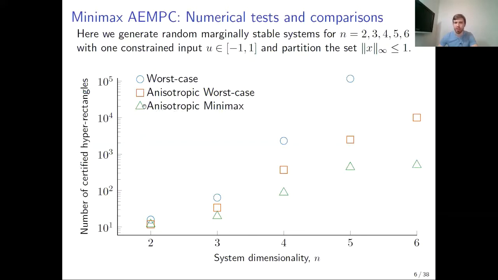If we introduce anisotropic worst case, anisotropic means that we divide the regions only in the directions where it is needed. So it's not a general approach as the worst case. It uses additional information about the problem. Then we have almost a linear growth on logarithmic scale, and anisotropic minimax allows for sublinear growth in the number of hypercubes that we need to satisfy for stability.